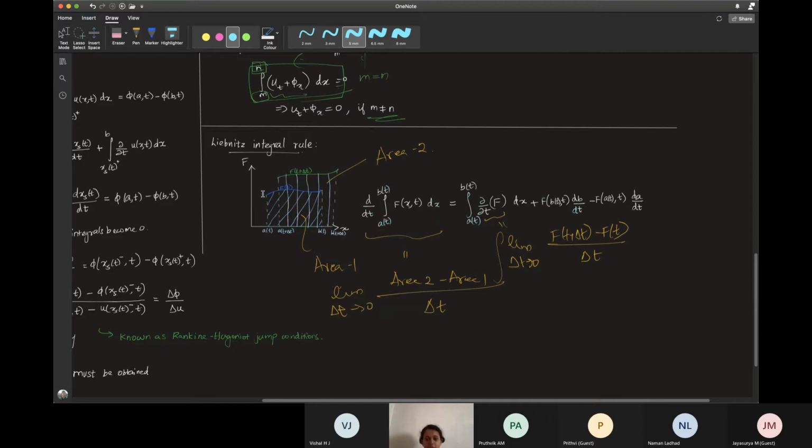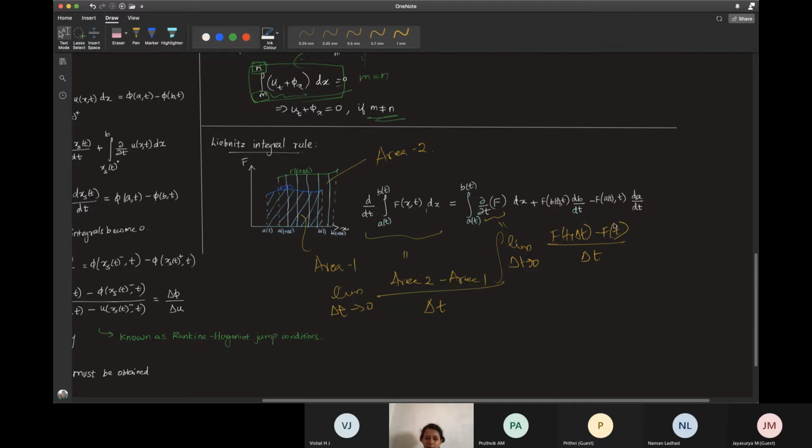So when we do dA by dt, we are actually considering this area. Of course, we'll miss a small area over here and a small area over here, but those are neglected. So this is how you find the value of such an integral.